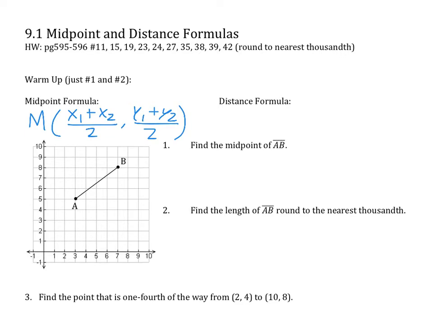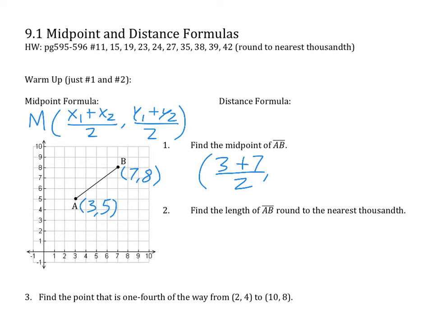Now let's skip to number 1 and put it to use. So A has coordinates 3, 5, and B has coordinates 7, 8. So if we want the midpoint of AB, we take the two x coordinates, add them together, and divide by 2.